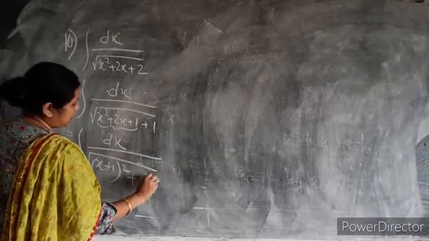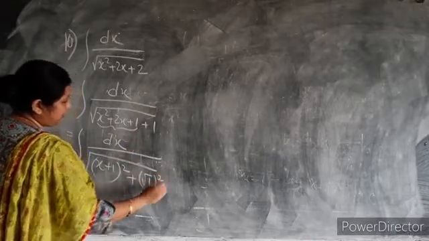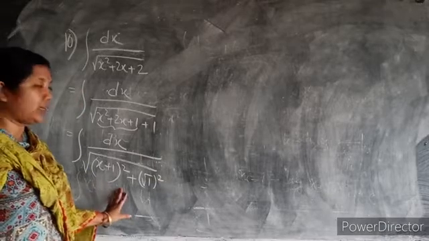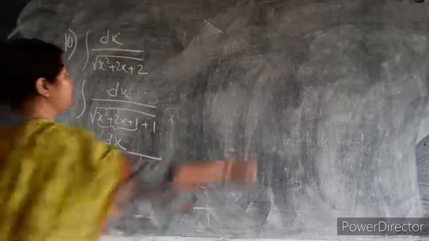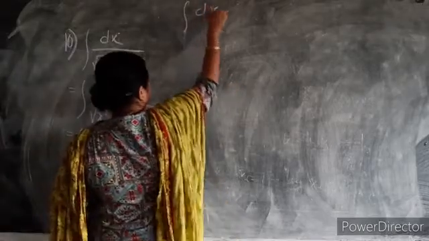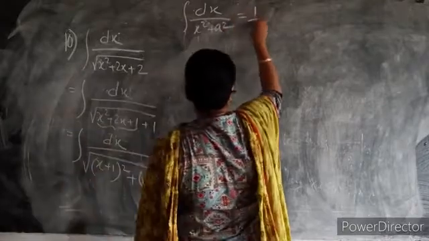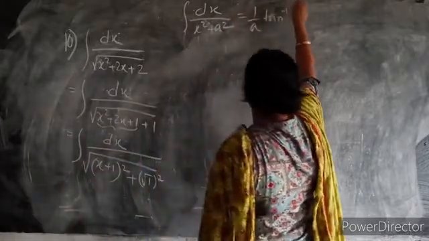plus root 1 square. Okay, now if you see, it is coming a little bit equal to your formula. Which one? Integration dx upon x square plus a square, isn't it? That is 1 by a tan inverse.